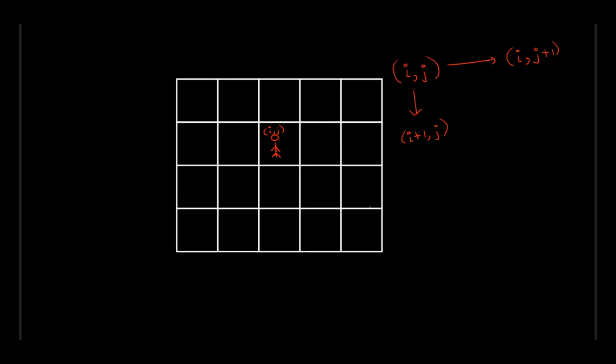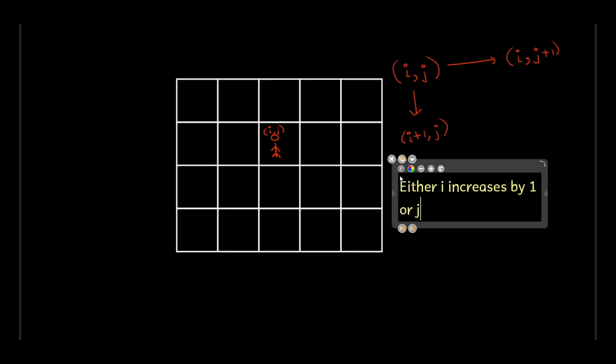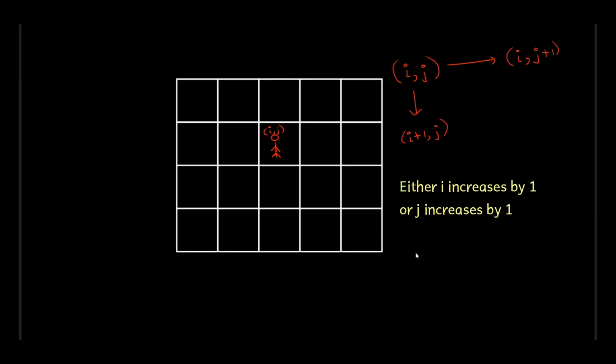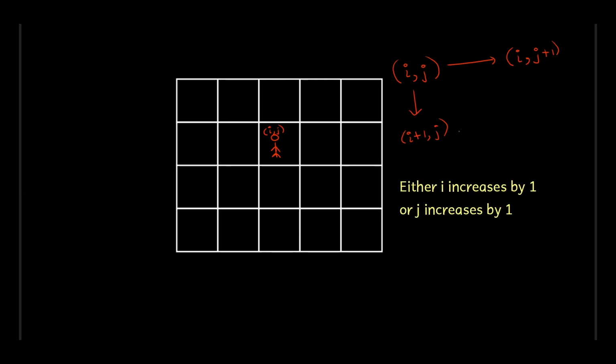So first let's write it down in plain English what is happening. We can say either I increases by 1 or j increases by 1. But this is a lot of if else, either or, etc. Can we compress both of these expressions into one?